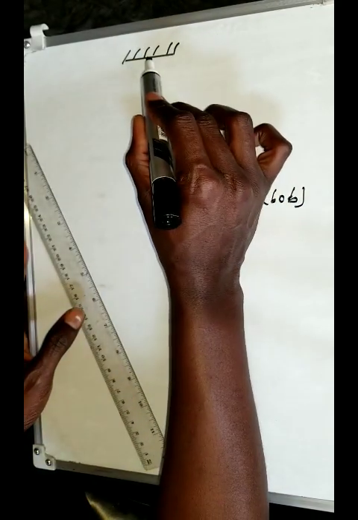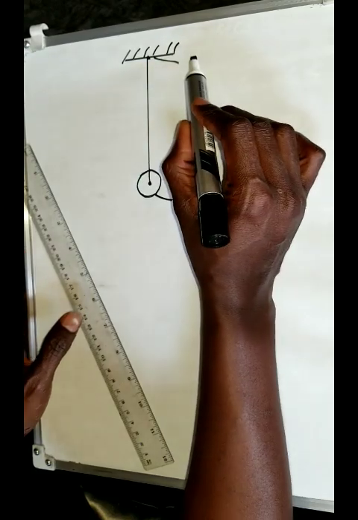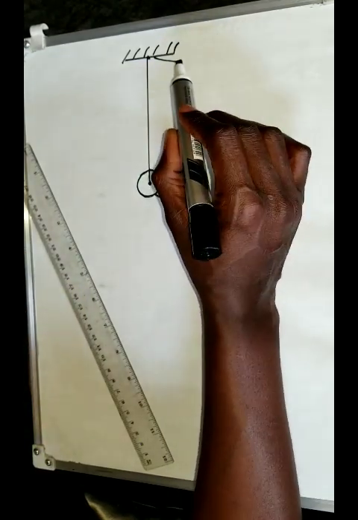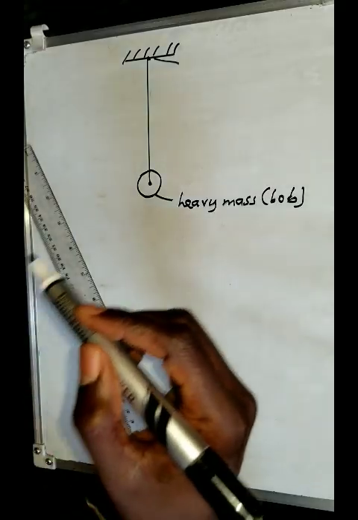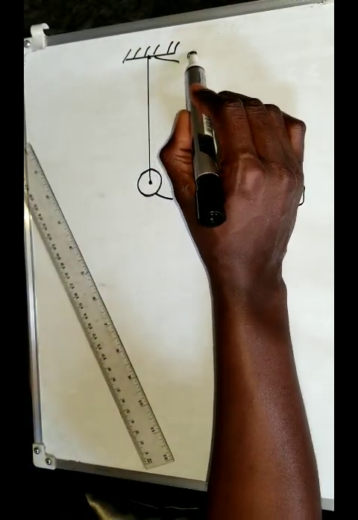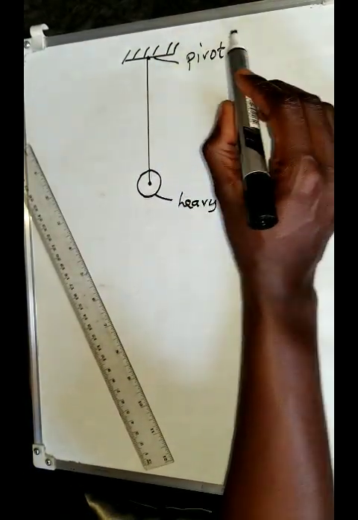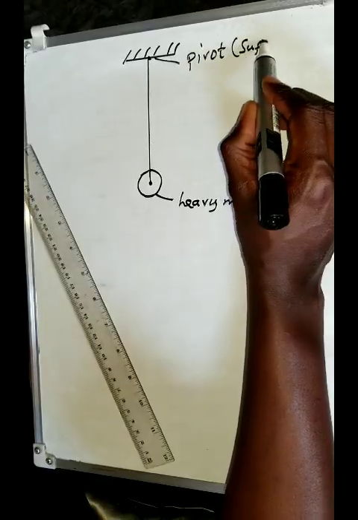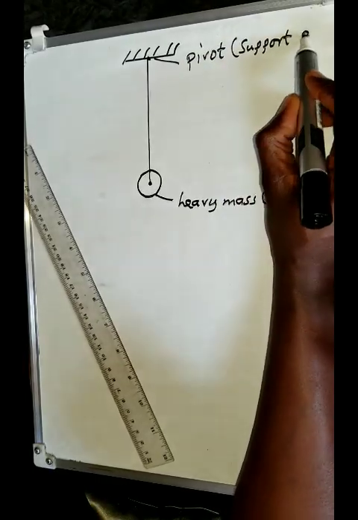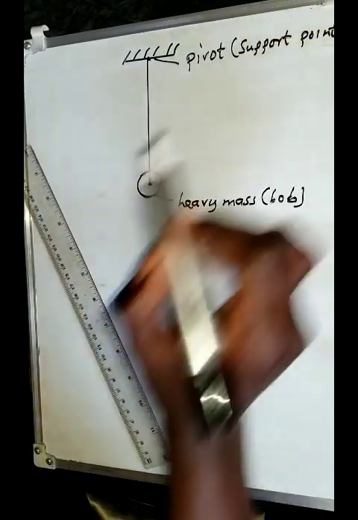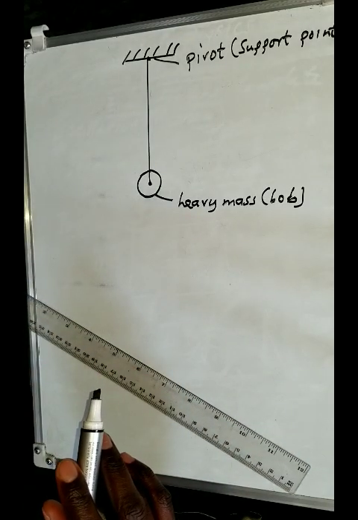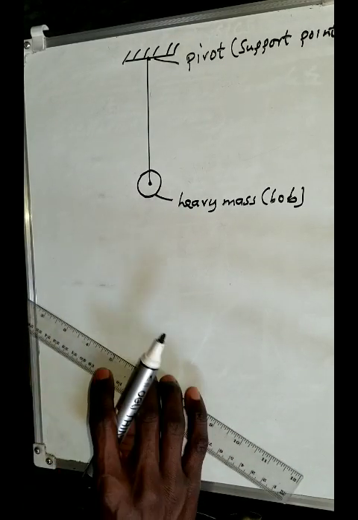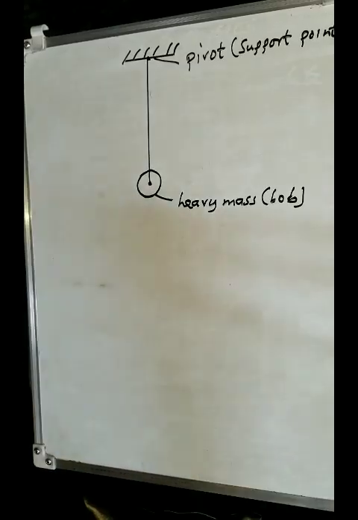And also you have this point here, which is what we call the point of support. Sometimes we can call it the pivot, or let me just call it the support point.